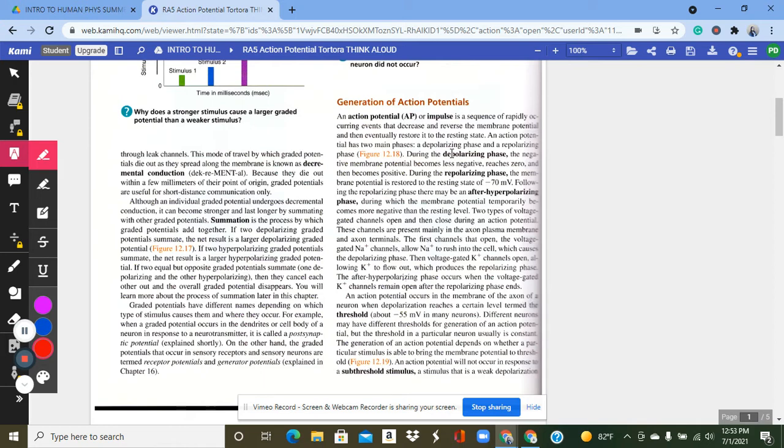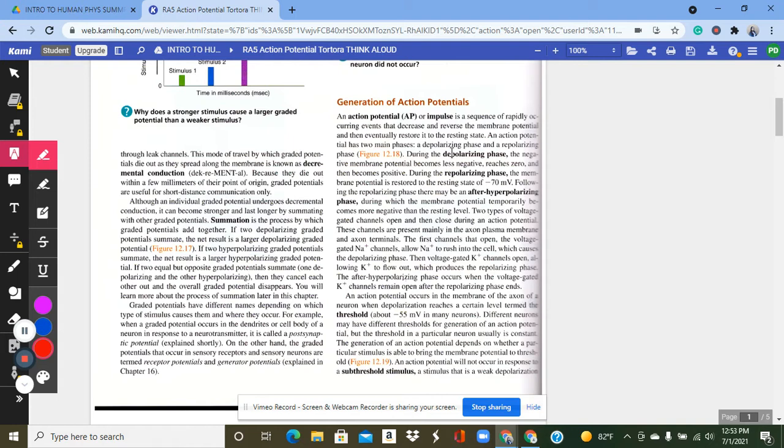So in my interpretation, and from what I remember from my AP Psychology class, the action potential or the impulse is kind of like an explosion of electrical activity that is created by the depolarizing current. This means that some event or stimulus causes the resting potential to move towards zero, towards 0 millivolts.